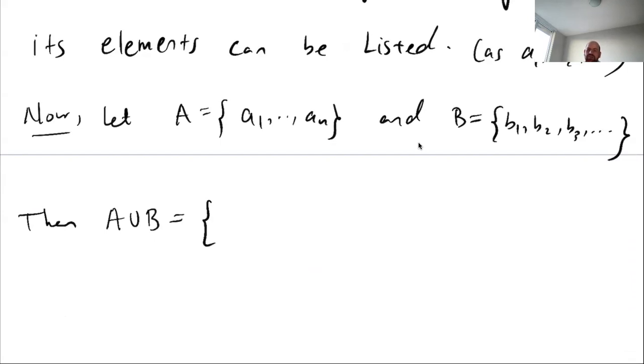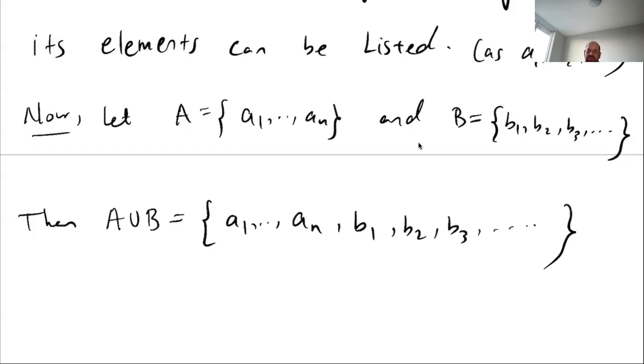List means, tell me which one is the first element, which one is the second element, which one is third element, and so on. So of course, one easy way to list A union B is I can list first element as A1, second element A2, nth element AN. Then I can list B1, B2, B3, and so on.